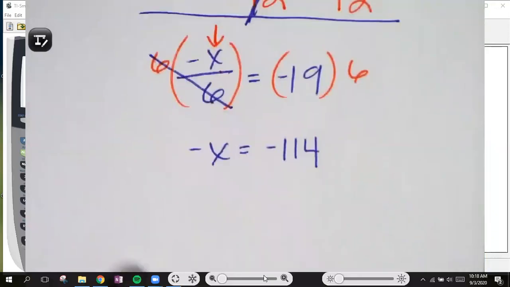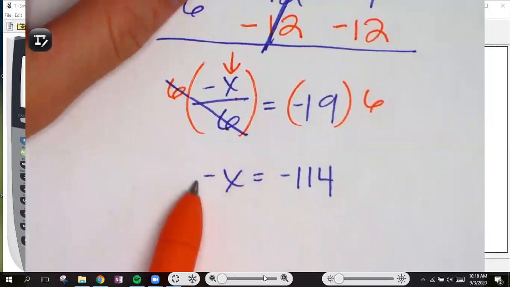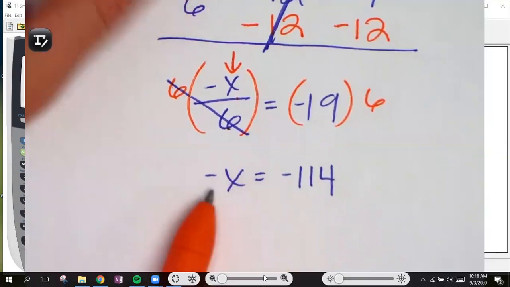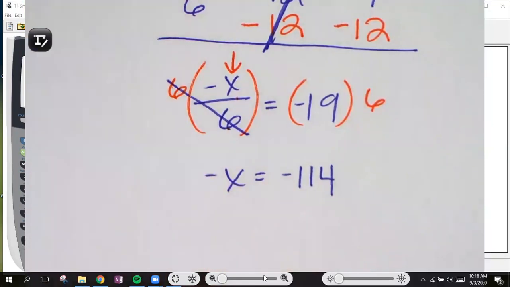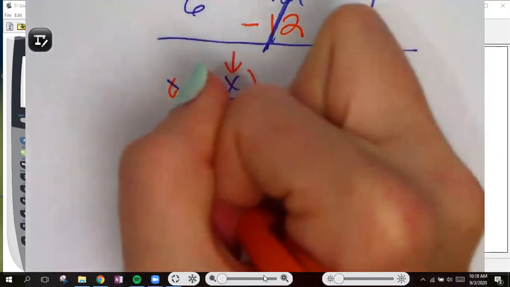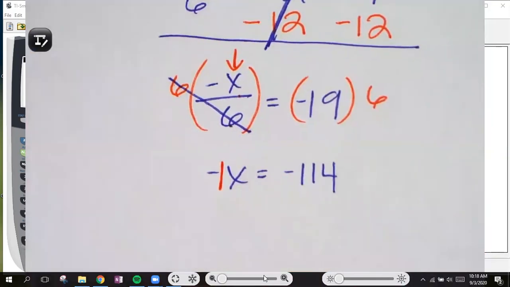Okay, now we remember our rules. We have to get the x by itself. Is it by itself? Well, no, there's still a negative there. If there's not a number in front of our x, it's understood to be 1. So we still have to get rid of that negative 1.